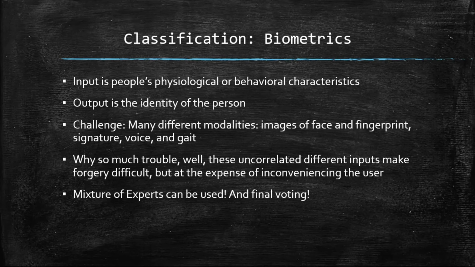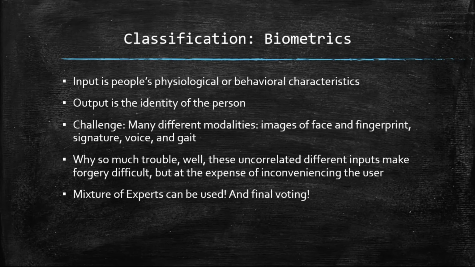Now the thing is, there's a very good reason why we use all these different types of modalities from people to classify them, for instance, into whether it's an authorized person to enter a building or not.